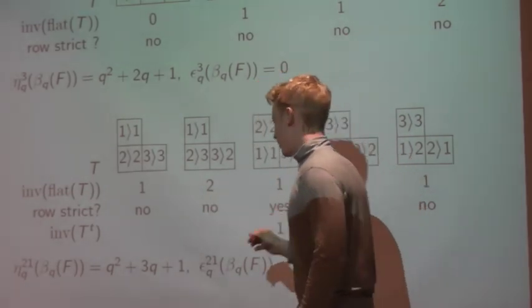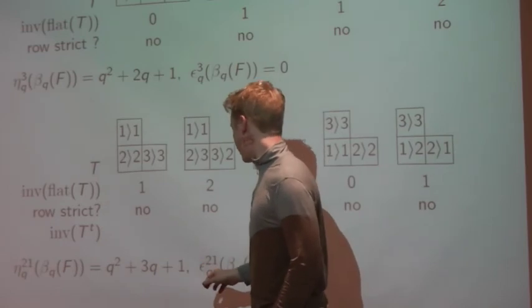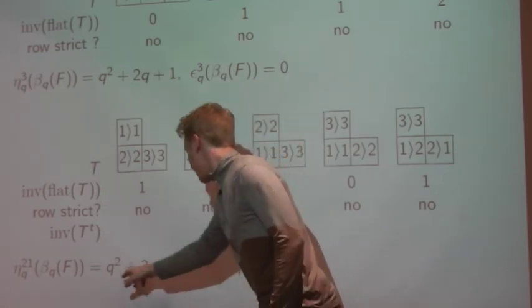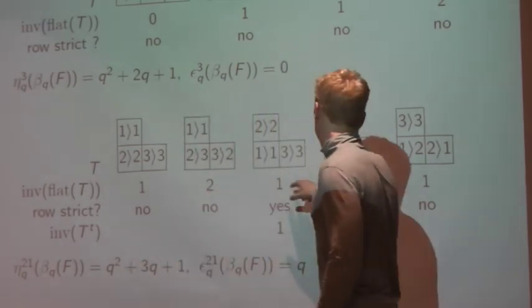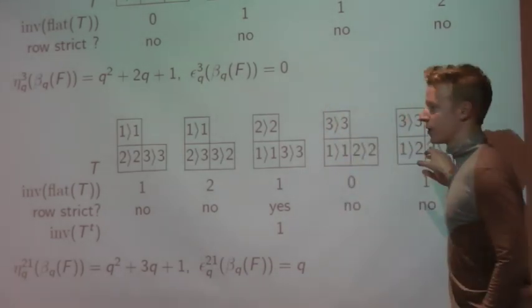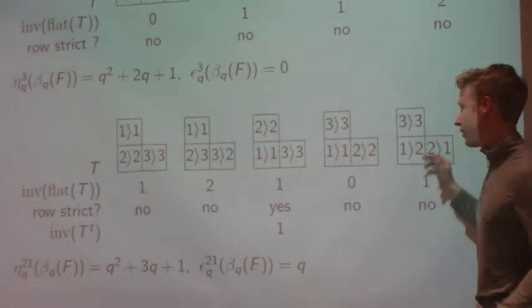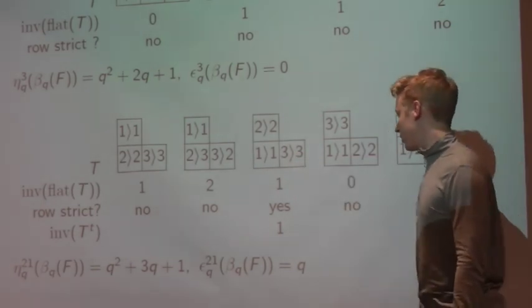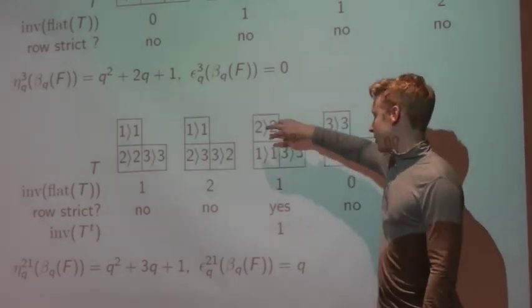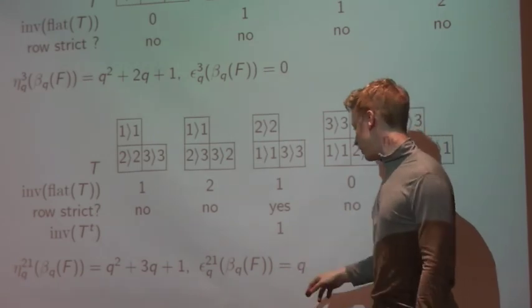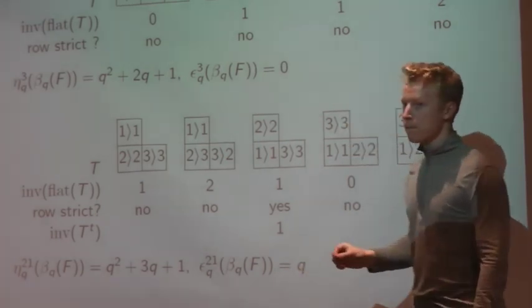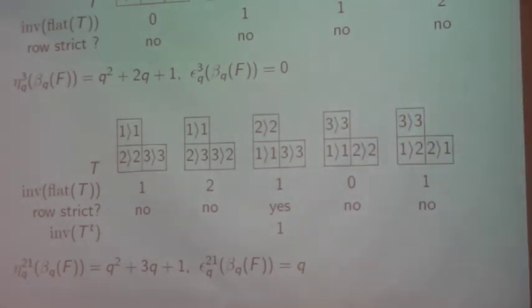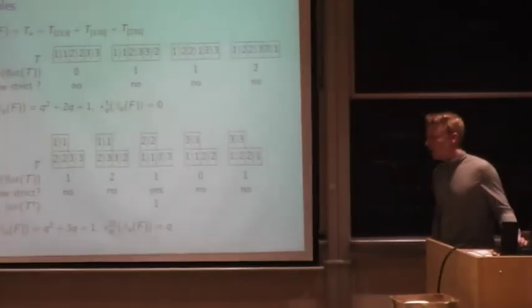The immanent evaluated on the matrix comes out to be the polynomial given by the sum of q to the number of inversions for each of these tableaux. And here we finally do have a row strict tableau, so our epsilon immanent would be q to the number of inversions of the transpose of this tableau, which is just 1, so the epsilon immanent is just q. So that's an example of how this actually works. And that is all.